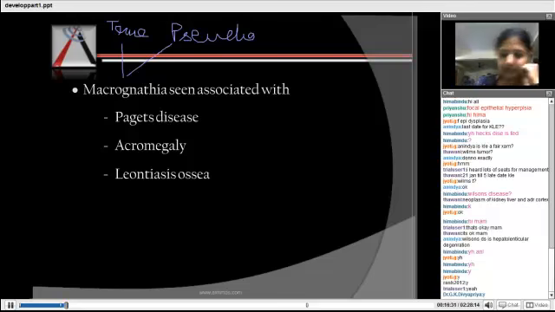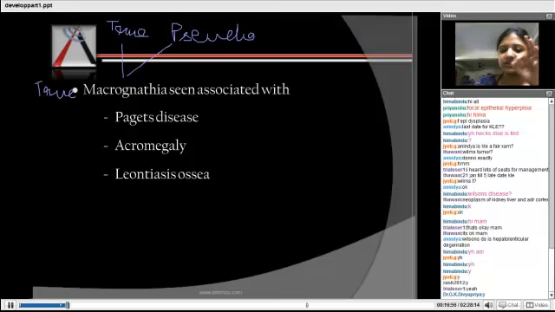While pseudo macrognathia, for example maxillary pseudo macrognathia, is where the jaw appears large, but in reality it is not. In relation to the mandible, it appears large. The examples we have given here are true examples. This is true macrognathia that we are talking of.